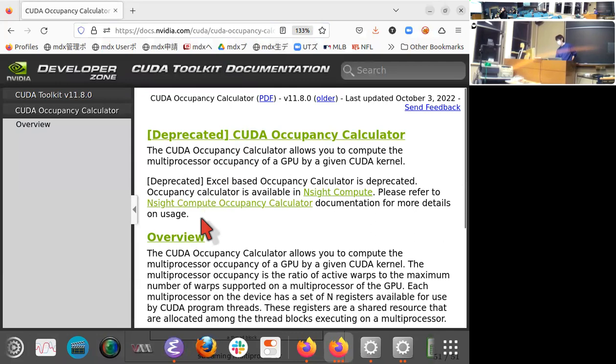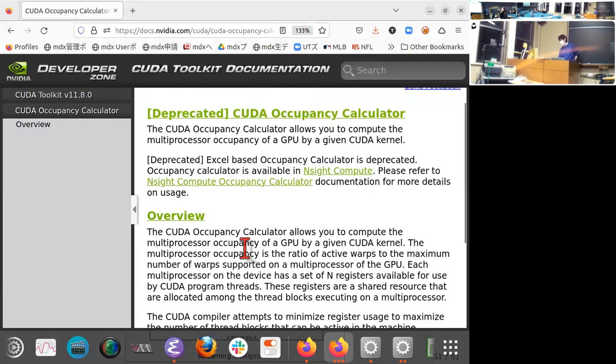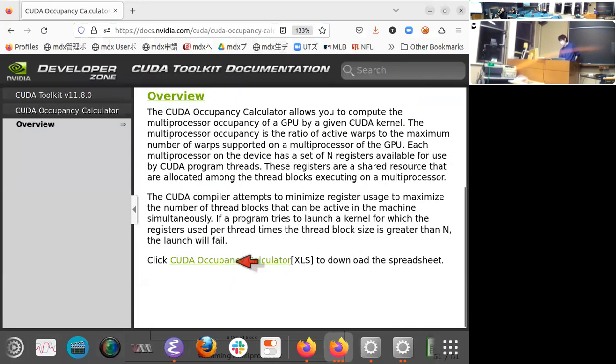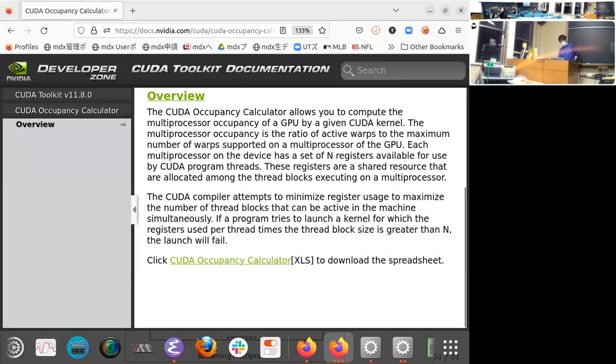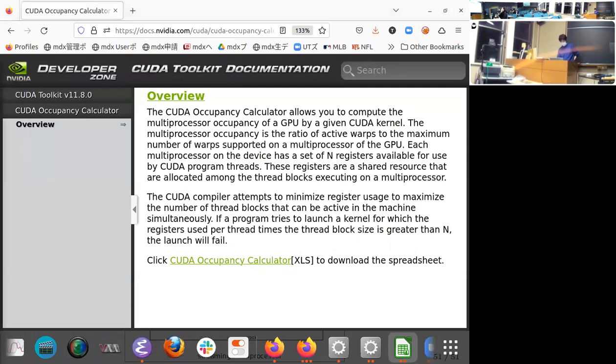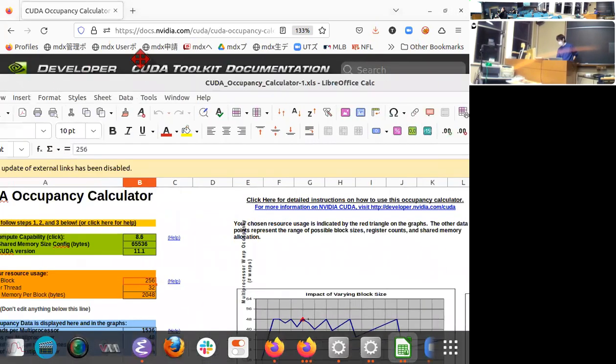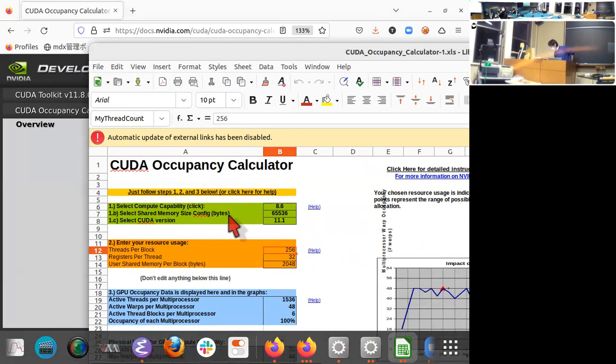It is deprecated, but it is still useful. It is a simple Excel file to which you can input the number of thread blocks, the number of threads per block, the number of registers per thread, and the size of the shared memory you want to allocate to each thread block.